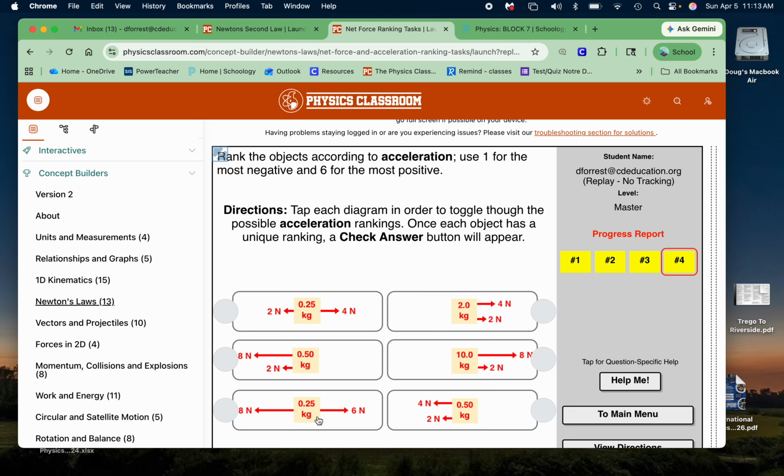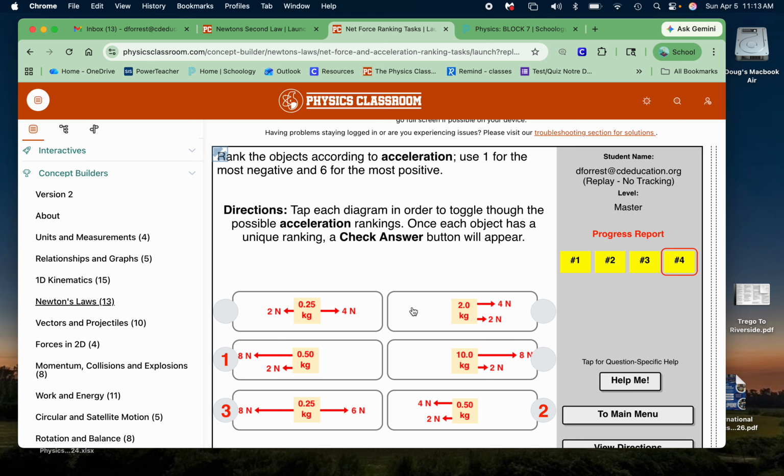Negative 2 divided by 0.25 kilograms of mass would be negative 8 meters per second squared. So that's not as negative as this one. Here I have negative 6 newtons of force divided by 0.5. That'd be negative 12 meters per second squared. So this gives me negative 20. That's the most negative. This gives me negative 12 meters per second squared. So that's the next most negative. 2 divided by 0.25 is negative 8, so that's the third most negative.